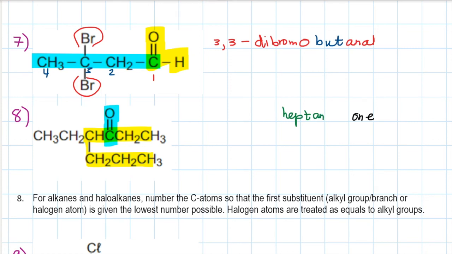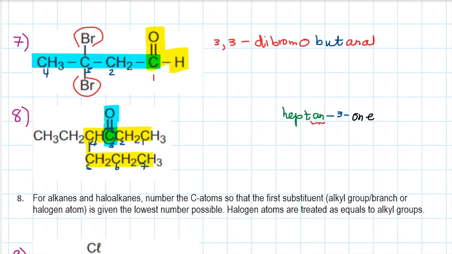Okay, so over here we have heptanone, and we must indicate the position of the functional group. We have 1, 2, 3, 4, 5, 6, 7 carbons, and the functional group, this double bond O, falls onto carbon number 3. So we have heptan-3-one. In the case of the ketones, you're going to find that we normally use this "an" so that the word can flow better.